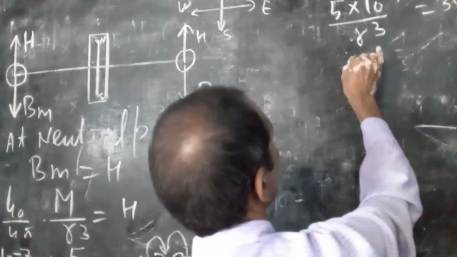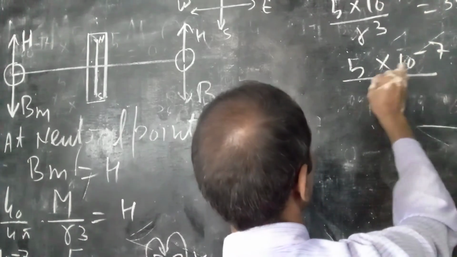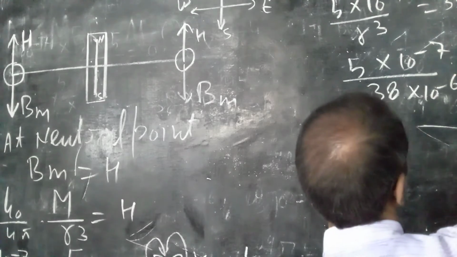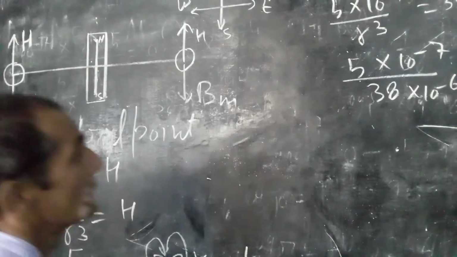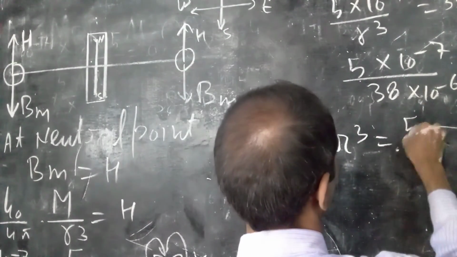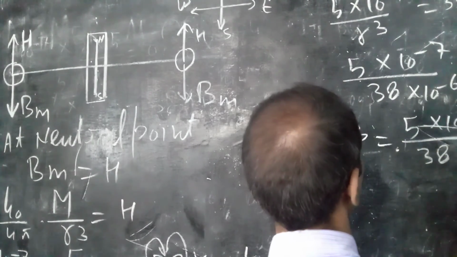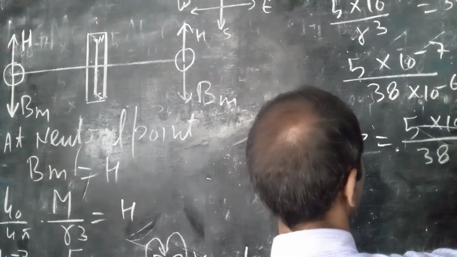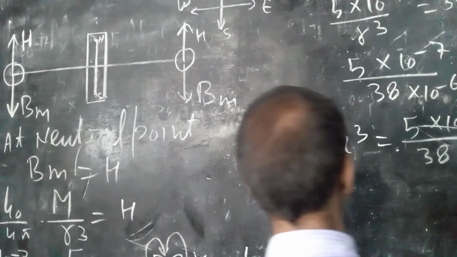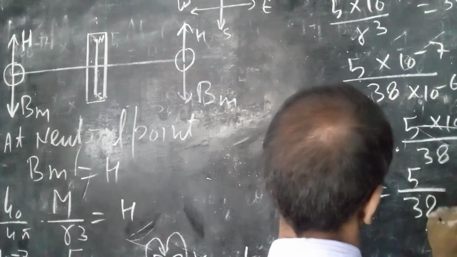You get 5 into 10 to the power minus 7 upon 38 into 10 to the power minus 6 is equal to r cube. So r cube is equal to 5 into 10 to the power minus 1 upon 38. In division on the same base, the powers are subtracted: minus 7 plus 6. So r cube is equal to 5 upon 380.